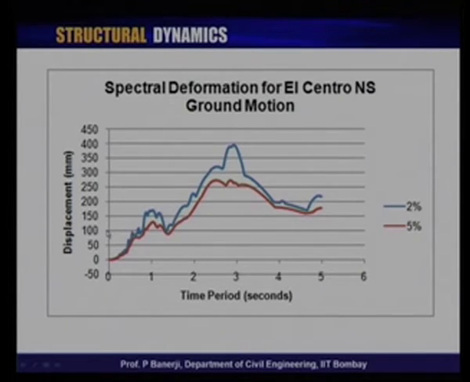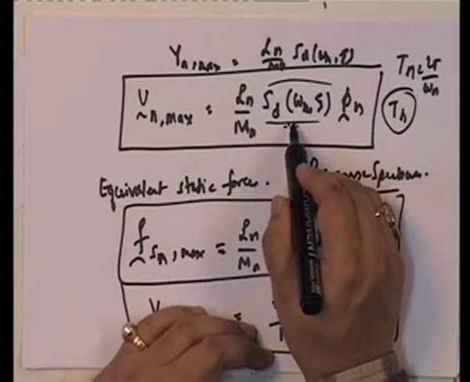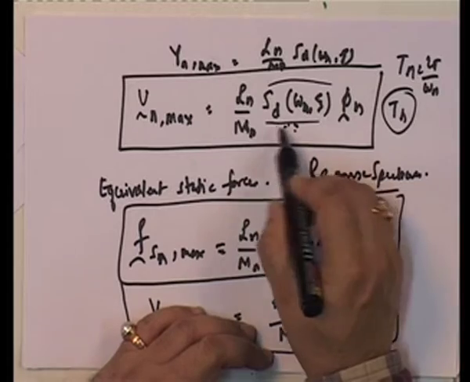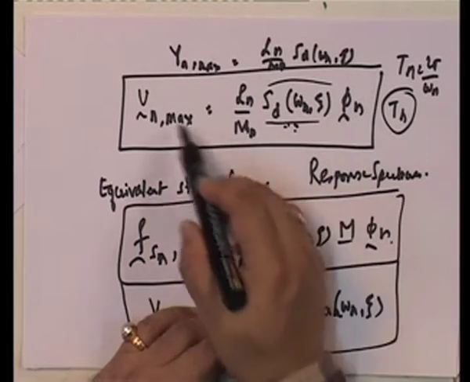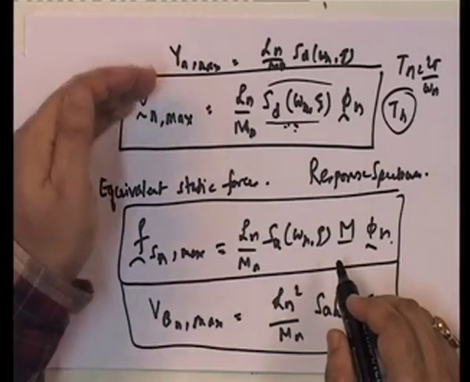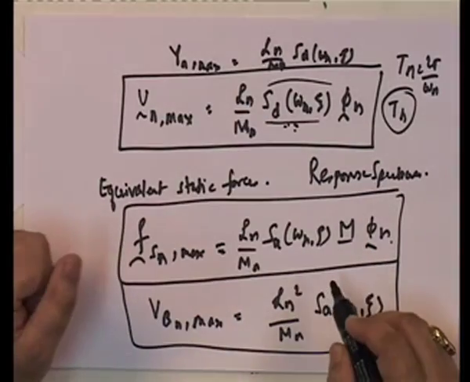So for the first mode this was 260, for the second mode it is 100, and you have L2, M2, and you can find out the V2 max.